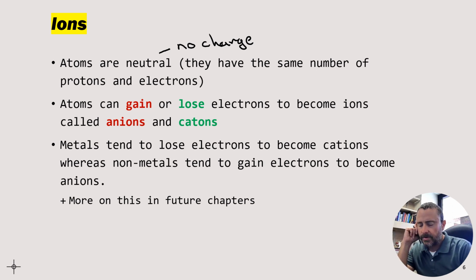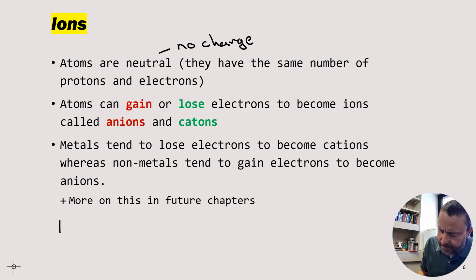When we lose electrons, they become what we call cations. They are positively charged species, because they have lost negatively charged things, so they have fewer negatively charged things than they used to. Metals usually like to lose electrons to become cations, and non-metals like to gain to become anions.